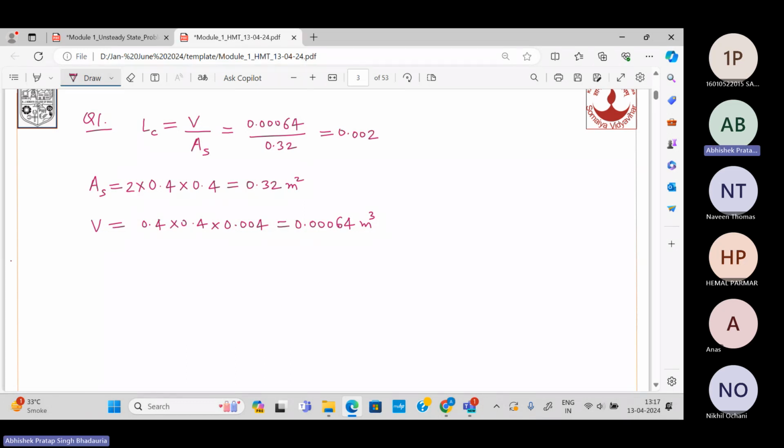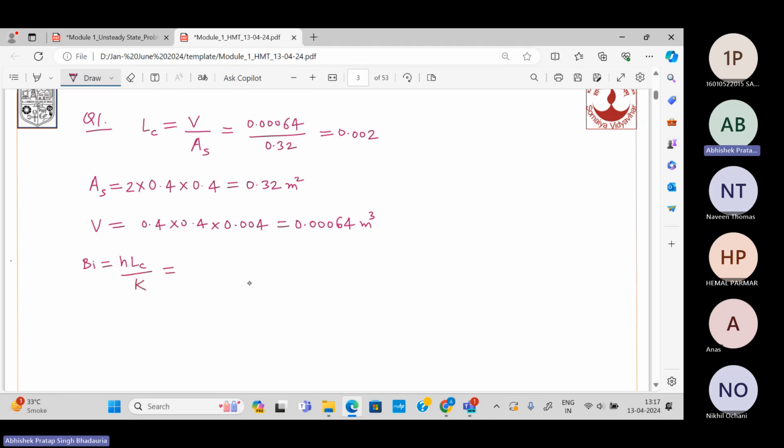Now always remember, for solving the problem on unsteady state heat transfer, first of all we have to check whether the lumped parameter analysis is applicable or the Heisler chart is applicable. What is the criterion for this? We will calculate the Biot number. The formula for calculating the Biot number is h Lc by k.